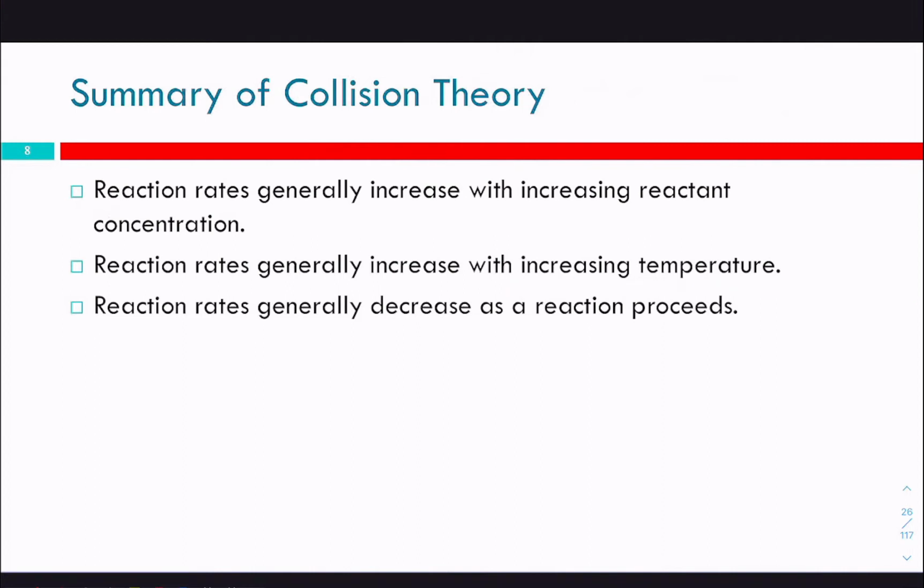And as a rule of thumb, you can double the reaction rate for every 10 degrees C that you increase the temperature of a reaction. And then reaction rates generally decrease as the reaction proceeds because, again, we're using up the reactants.